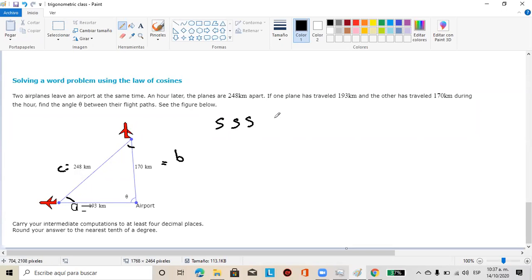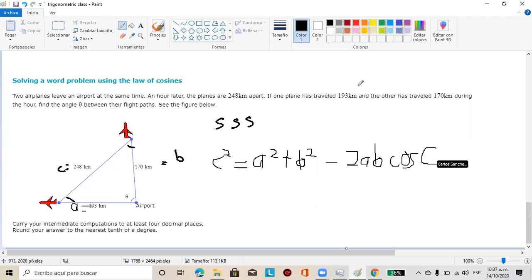And you solve for the cosine of theta, that would be the cosine of C. So we're going to use the formula of the law of cosines for side C. We have that C squared is equal to A squared plus B squared minus 2AB cosine of C.